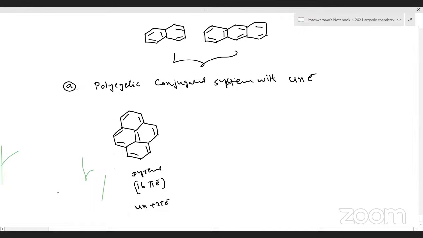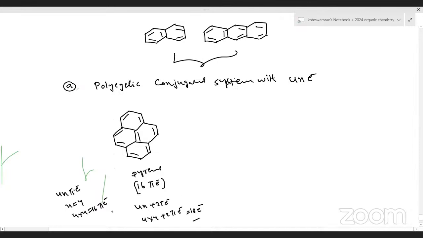If it is 4n pi electrons, where n is equal to 4, 4 into 4, it is 16 pi electrons. Suppose the n is 4 in 4n plus 2 pi electrons. It should be 18 electrons; then only it shows aromaticity.